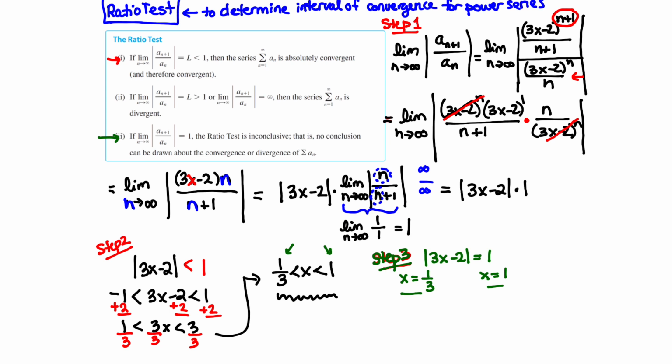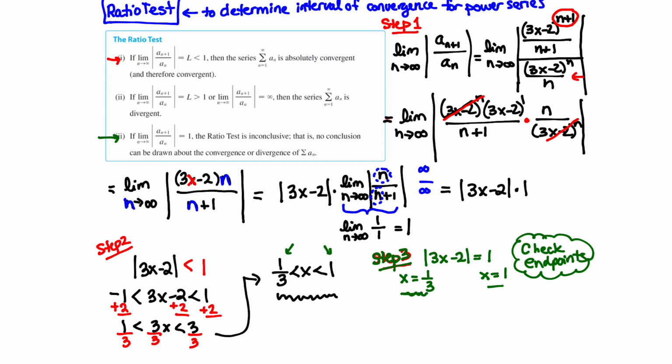When x is 1/3, it's going to give me negative 1. When x is 1, it's going to give me positive 1. And so I have to investigate these 2 endpoints. And so what we do on the very last step here is we check our endpoints.